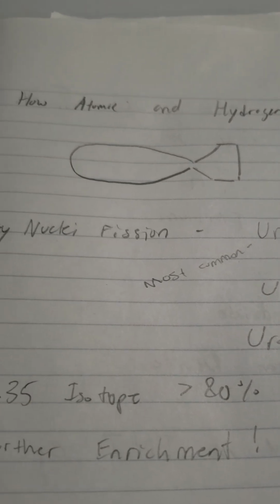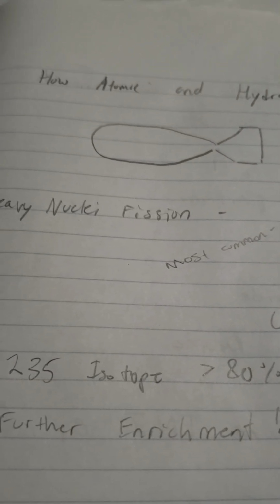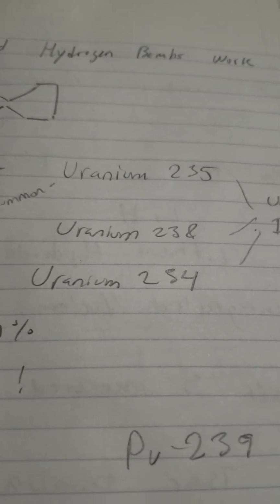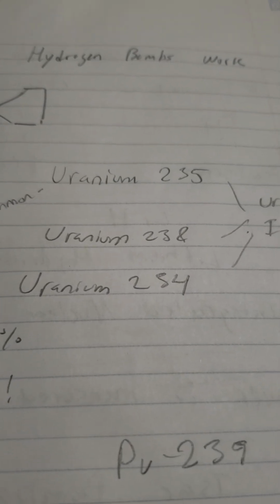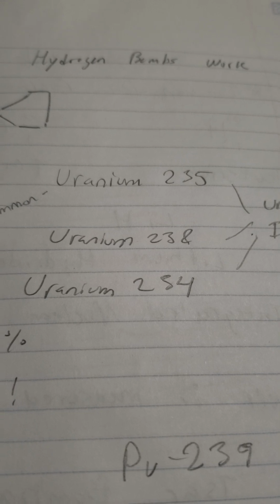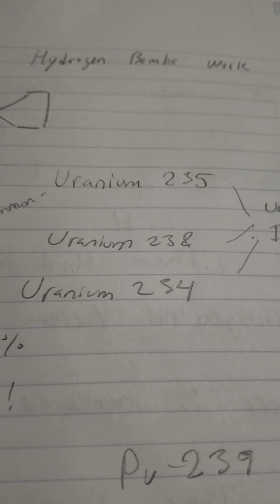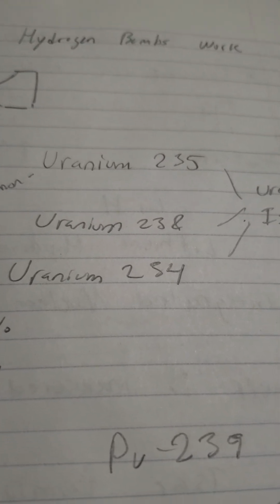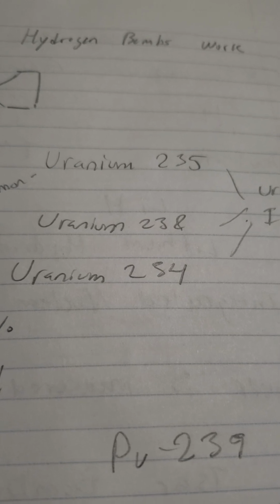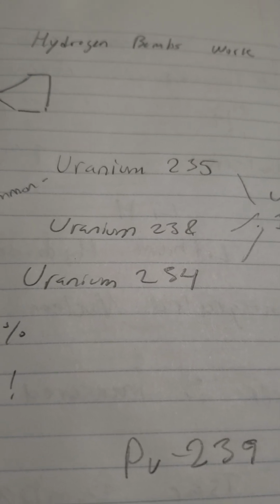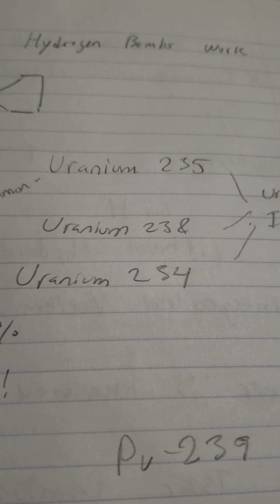Additionally, if you're not able to enrich uranium, you can make a plutonium bomb. And the most common isotope for plutonium is plutonium 239. But plutonium is really rare in the natural world and must be made in a lab. So that's why uranium is used more often for atomic nuclear bombs.